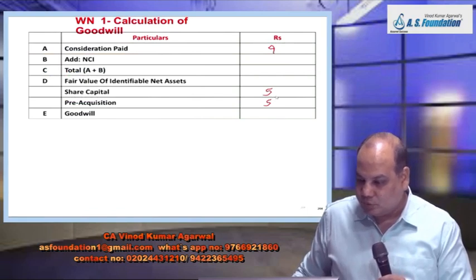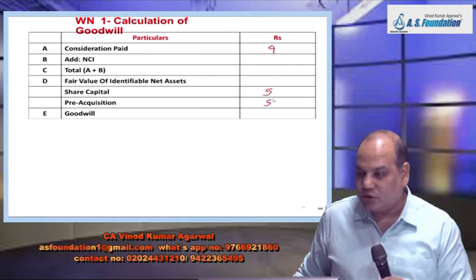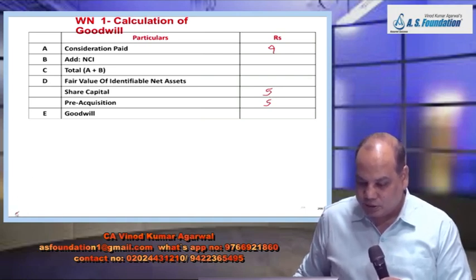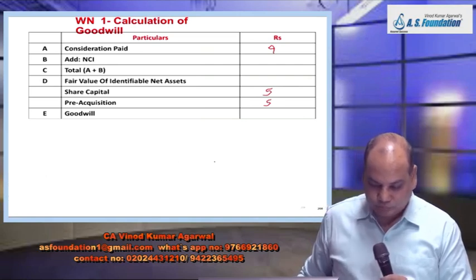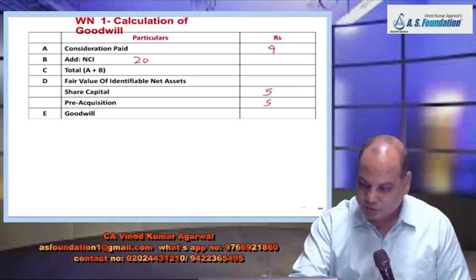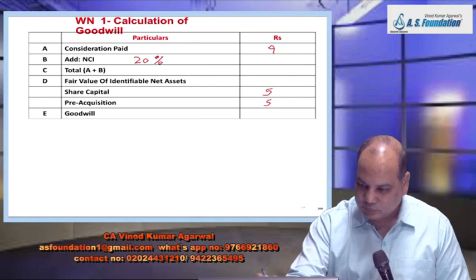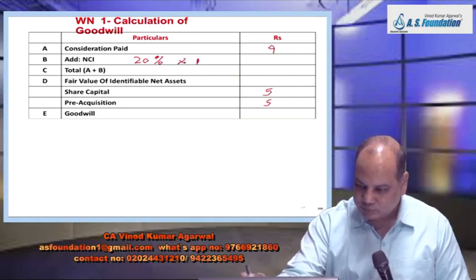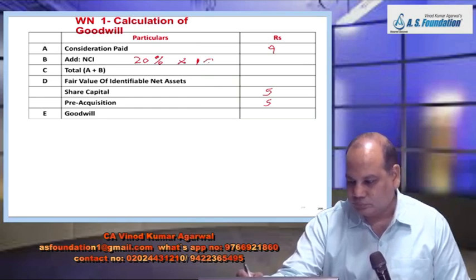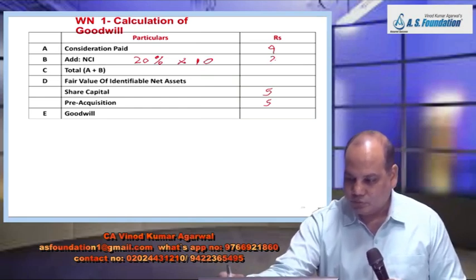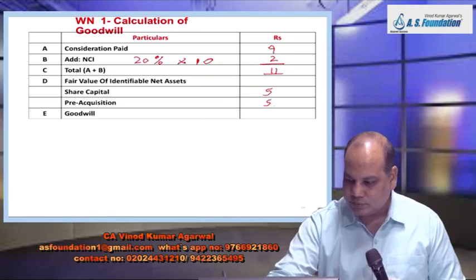So we'll use proportionate share in net asset. This is 10. So NCI we will take 2. 20% of 10. That is 2. Total this is 11. This is 10. So goodwill is 1.